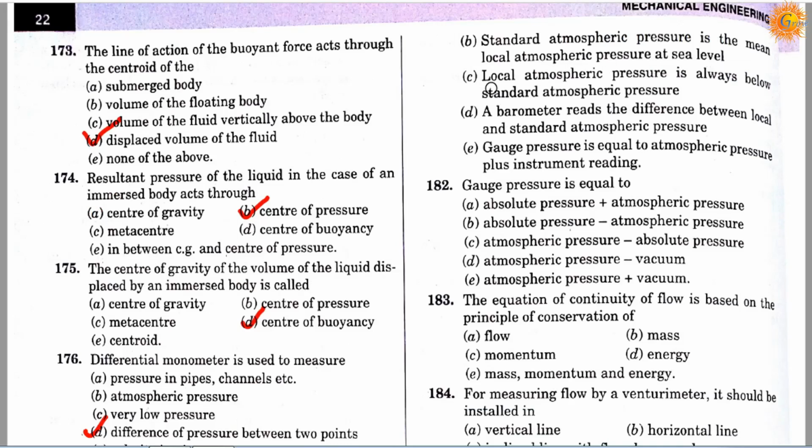Option C. Local atmospheric pressure is always below standard atmospheric pressure. Option D. A barometer reads the difference between local and standard atmospheric pressure. Option E. Gauge pressure is equal to atmospheric pressure plus instrument reading. So correct answer is B.